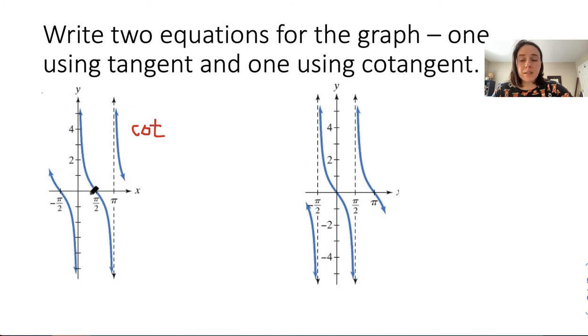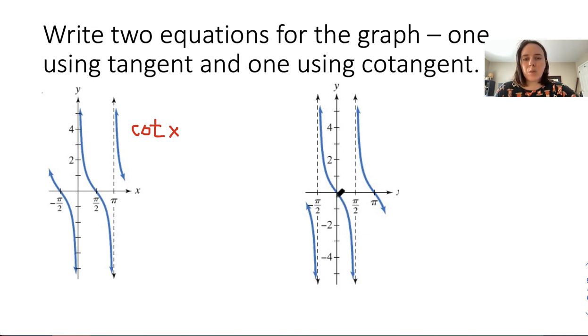Our period is still pi. We didn't shift it up or down or left and right. So this is just the cotangent of x. If we look at the graph on the right, it looks basically the same, but we shifted it pi over 2 to the left. Or right, honestly, you can look at it either way.